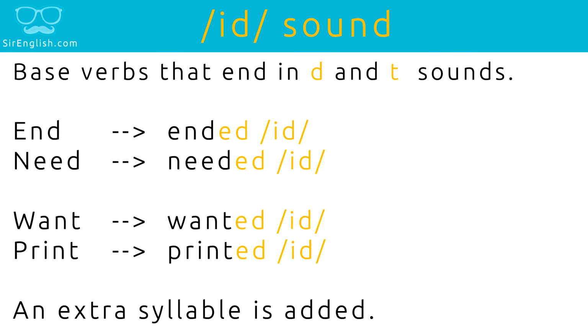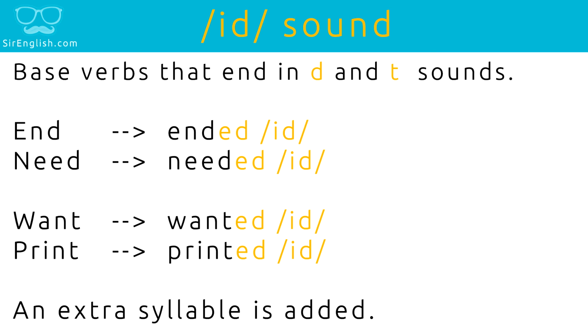So the id sound is added to base verbs that end in D and T sounds. So this one's quite simple. For example, end becomes ended. Now notice I've added an extra syllable. End is 1 syllable, ended is 2 syllables.